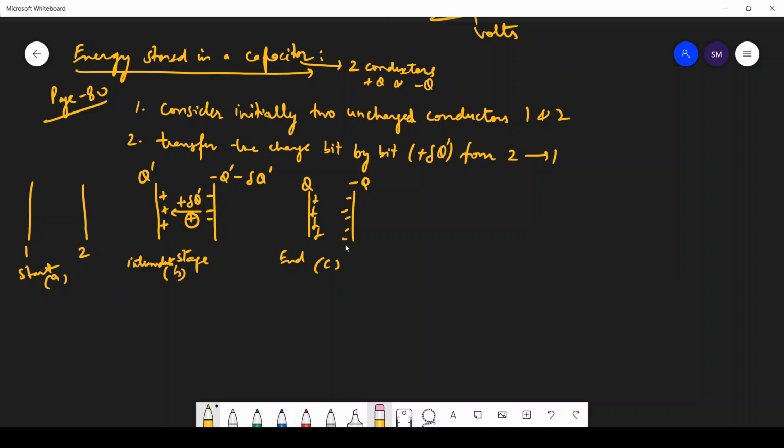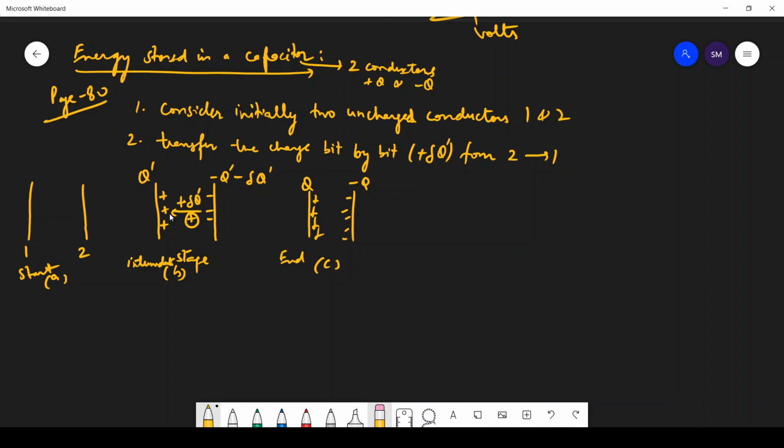As you know, the work we do will be stored. You are doing the work against the field, so this work done will be stored as potential energy. That is what conservative forces are about: work done against a conservative force is stored in the form of potential energy.